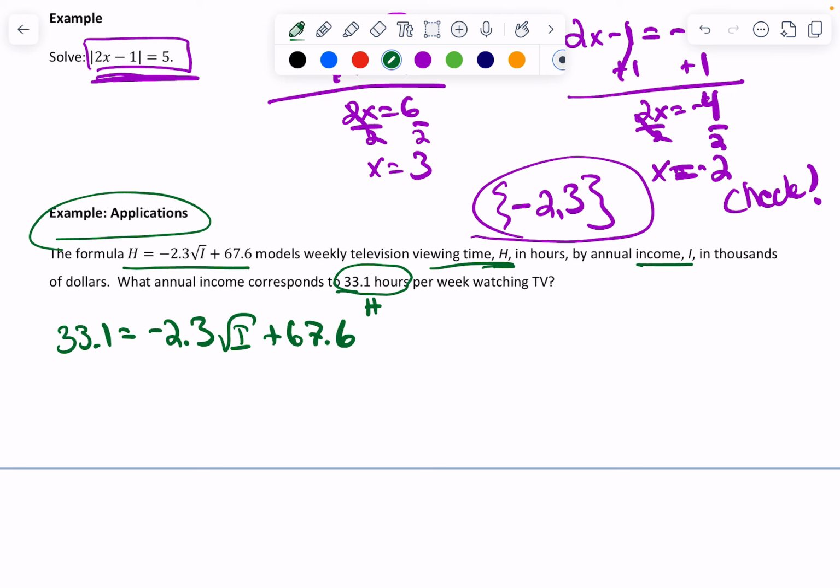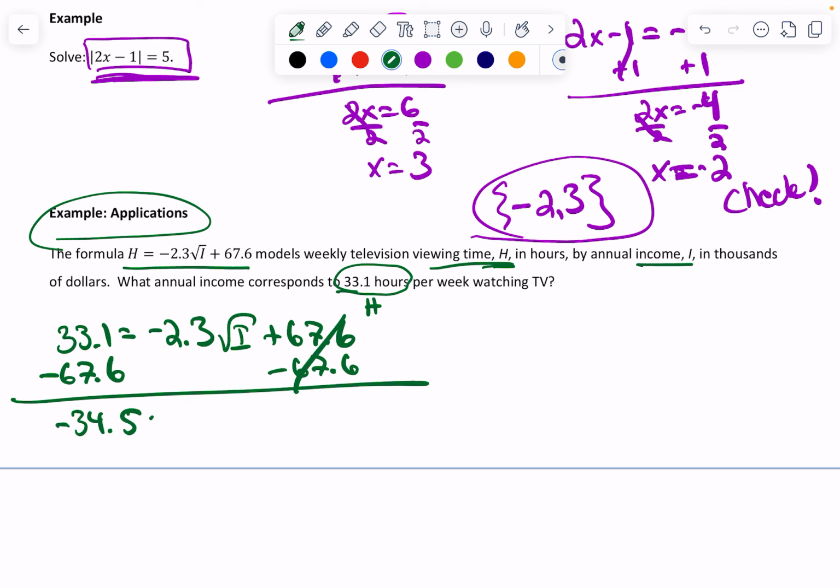I'm going to go ahead and isolate the I. So I'm subtracting 67.6. Again, what I do on one side, I do on the other side. So I get -34.5 equals -2.3 square root of I. I divide by -2.3 on both sides. And again, use a calculator.